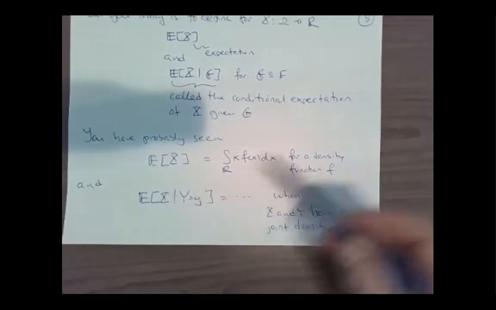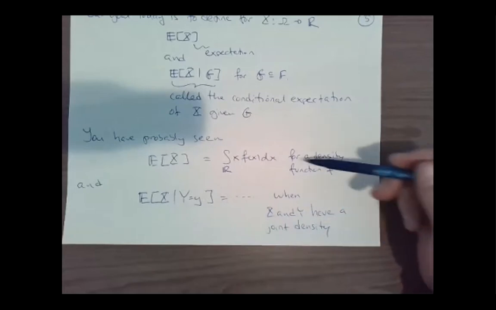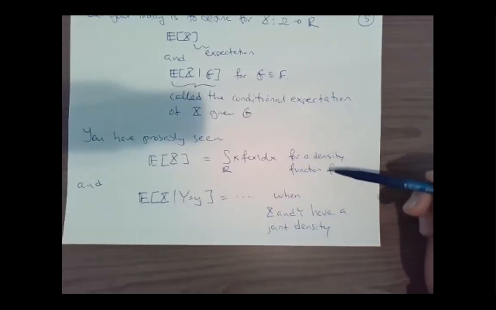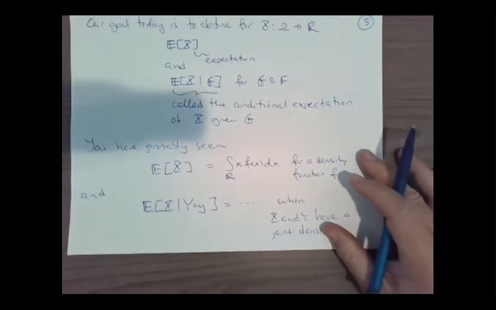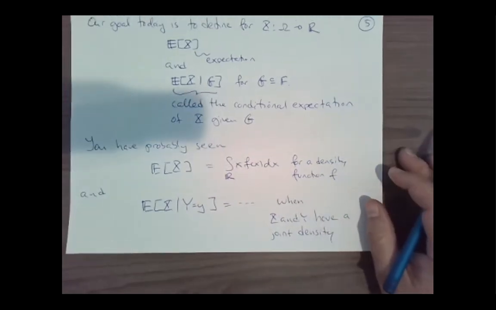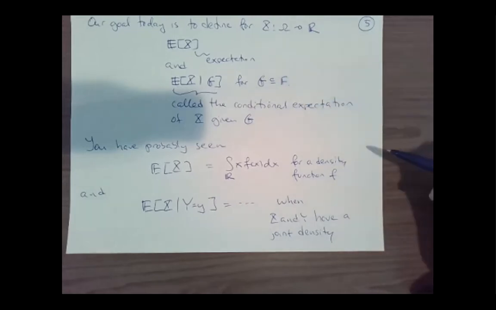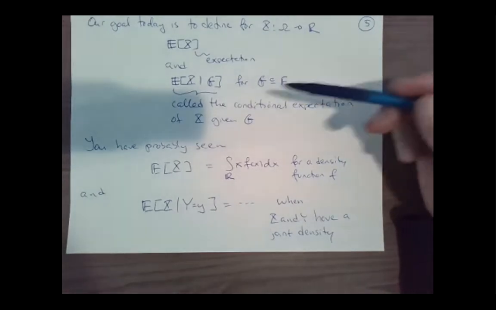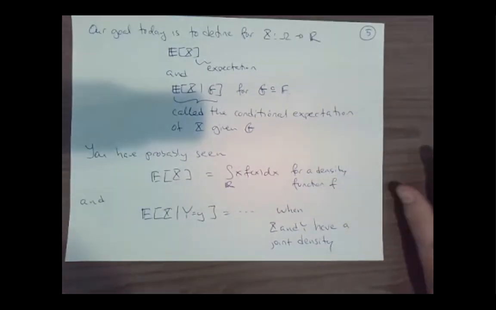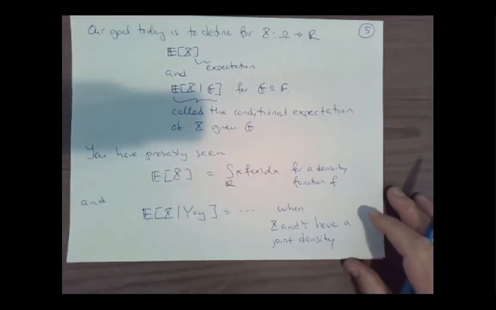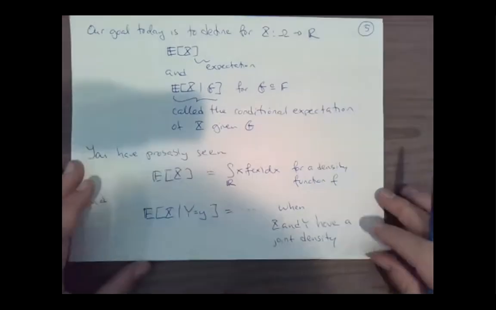We don't have these joint densities in general. So this is a little bit involved, getting this stuff written out, and this is what we're going to be spending today doing.